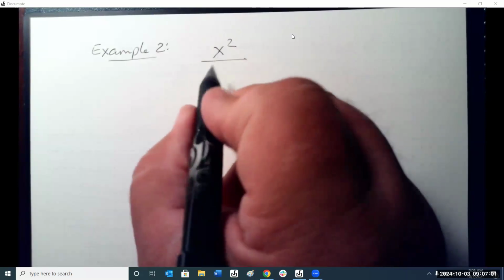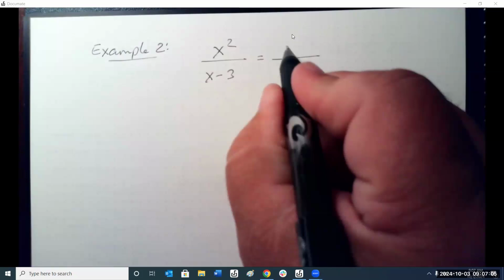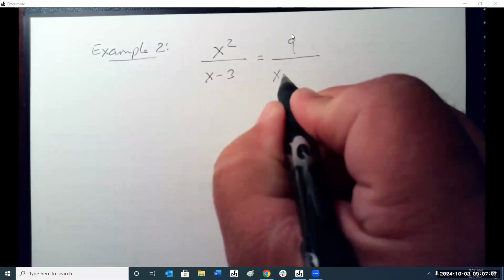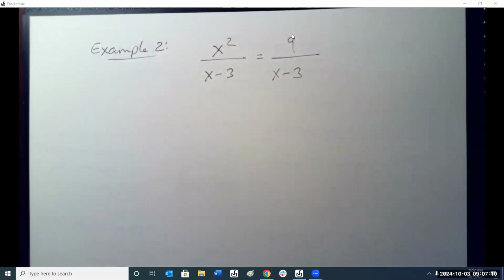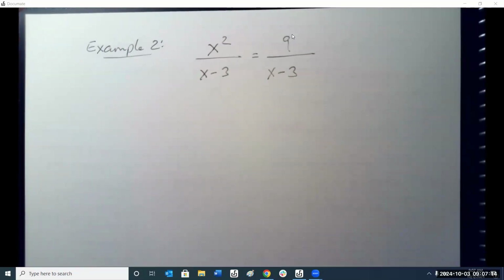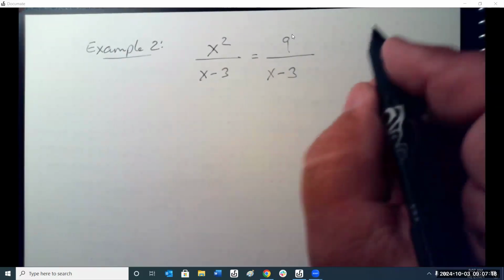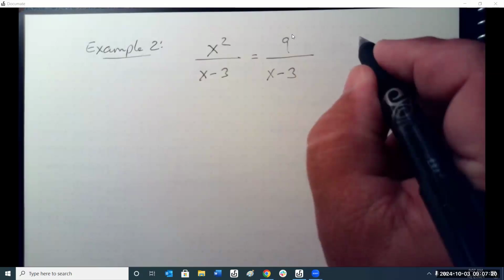Example 2. x squared over x minus 3 equals 9 over x minus 3. We'll follow the same thing. Okay, first off, here's the first step.